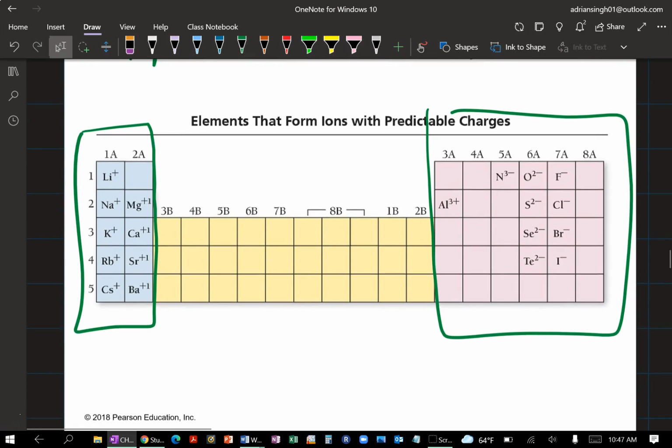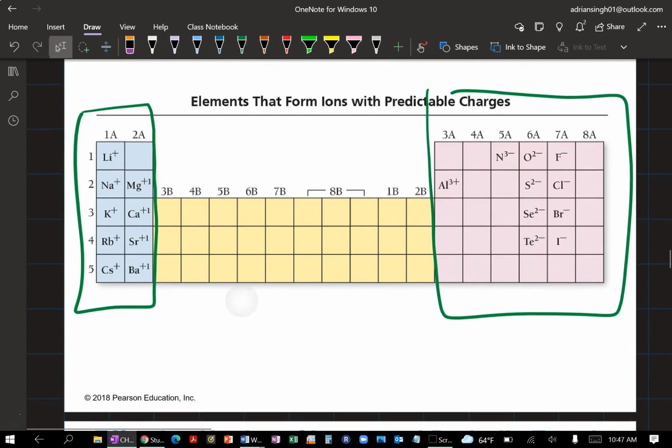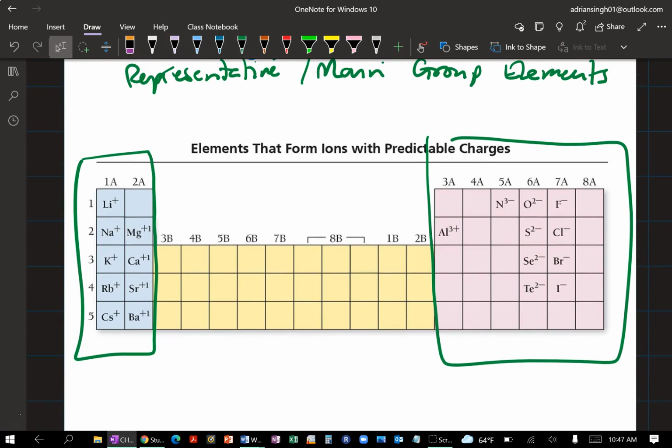If we look at the group 1A elements and the metals specifically, they all form a +1 charge. The group 2A all form a +2 charge. There's a typo on this, by the way. Hopefully this is not also in your textbook. Mg should be +2, calcium is +2, strontium +2, barium is +2. So all the group 2s form a +2. And then the group 3 metal that we're concerned with here, aluminum, is a +3.